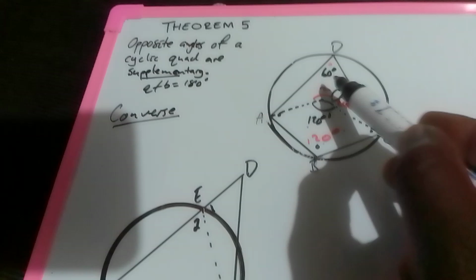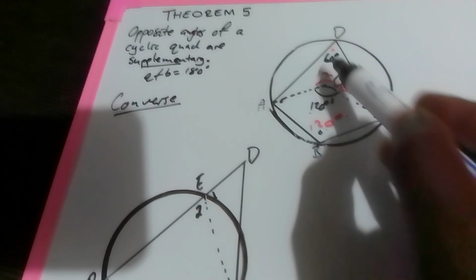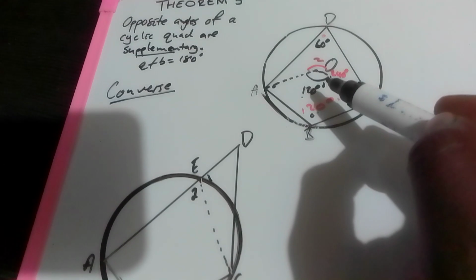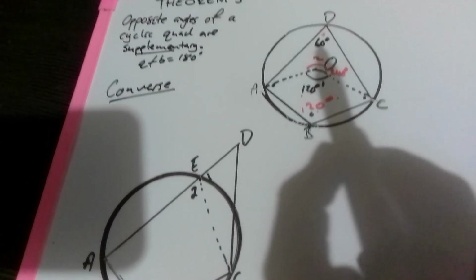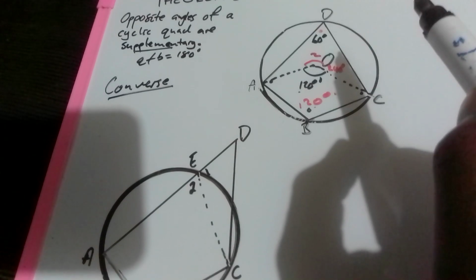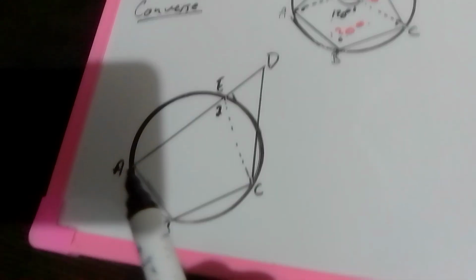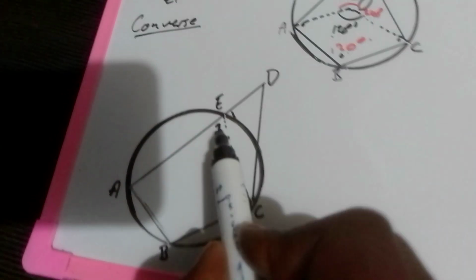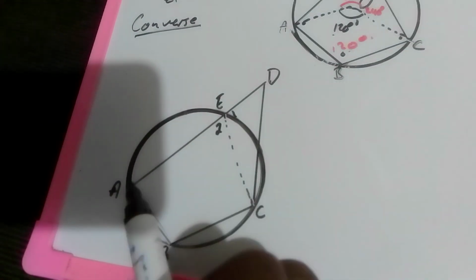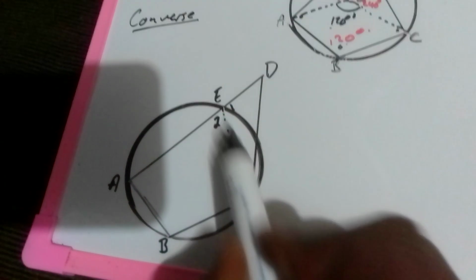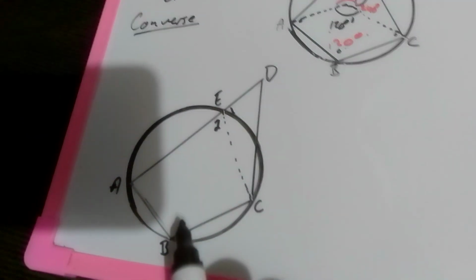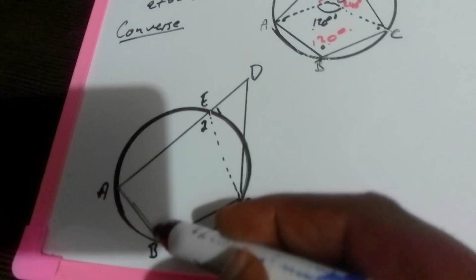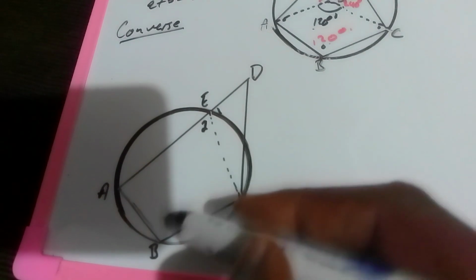Now, remember, what did we say? From the previous video, we said that angle D plus angle B add up to 180 degrees. So, what am I going to do here in this particular case? Remember, now I've got a new cyclic quad, ABCE. So all 4 points are touching the circumference. In other words, angle E2 plus angle B add up to 180 degrees.